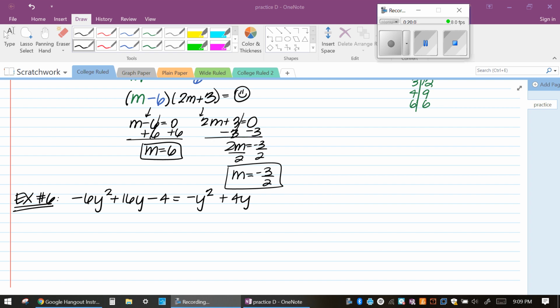Remember, when you are solving quadratic equations, it's important to look at the terms that are on both sides. If you have a quadratic term on both sides, you need to cancel the smaller one. If you're not sure which one is smaller, draw a number line.